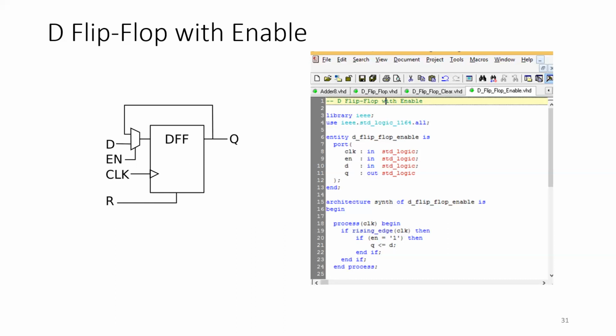So if that's highest priority, why is it not in our architecture for the D flip-flop? Why is it not in the architecture? Yes. In the previous example, you had the reset included in the process, but this time it is not here. Oh, yes. It is not in the code here, you mean? Yes, exactly.